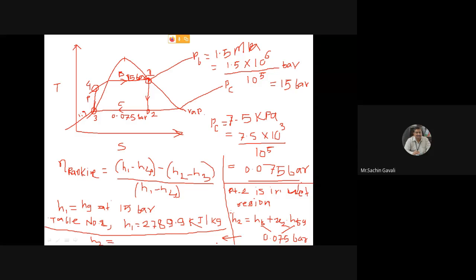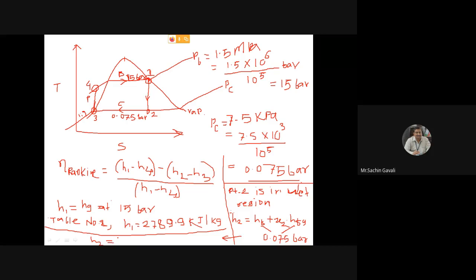You can mention in your message box the value of Hf. H2 is equal to Hf at 0.075 bar. Shall I open my steam table? Sir, 168.65.